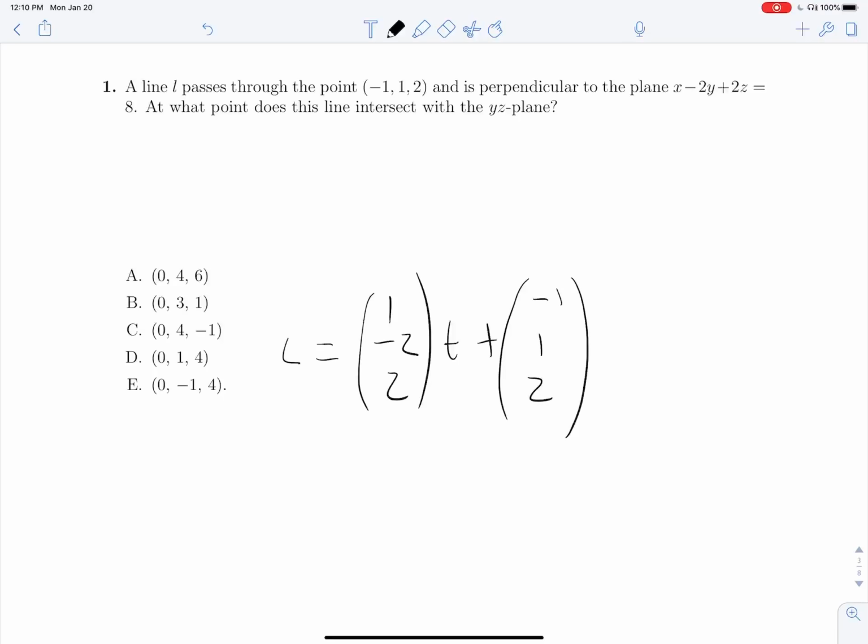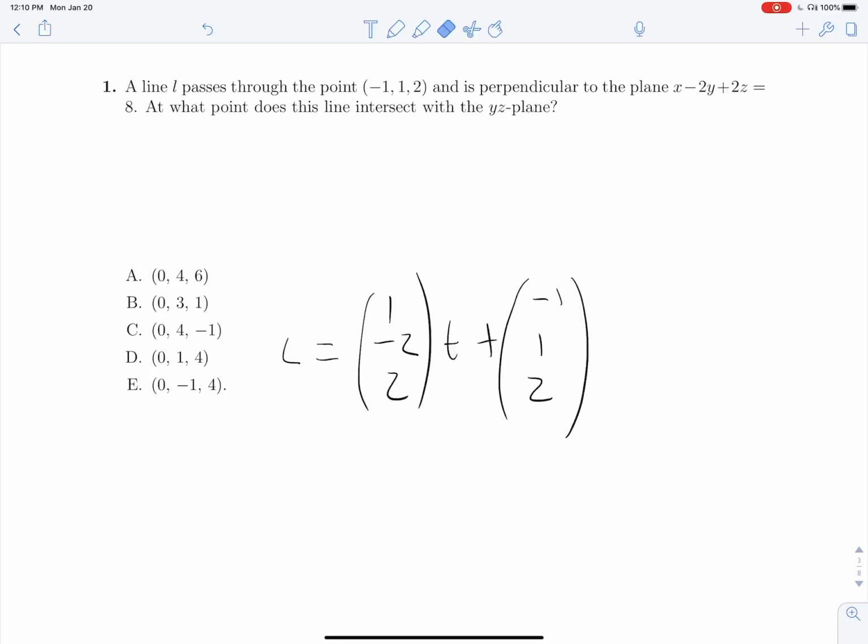And we want the point when this line intersects the YZ plane. Well, we intersect the YZ plane when x is equal to 0. And what we're going to have to do here is figure out what value t needs to be equal to for our x component to be equal to 0. So our x component is formed from this equation.